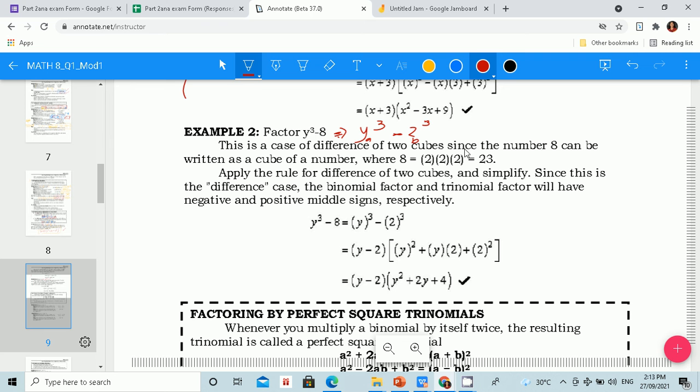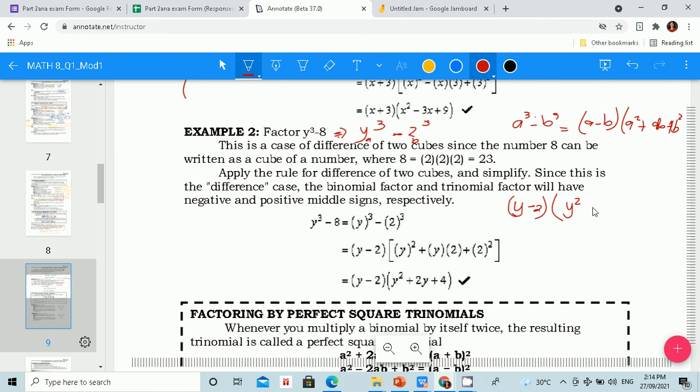So that is y minus 2, we just copy, times y square, because the formula is a cube minus b cube is equal to a minus b times a square plus ab plus b square.